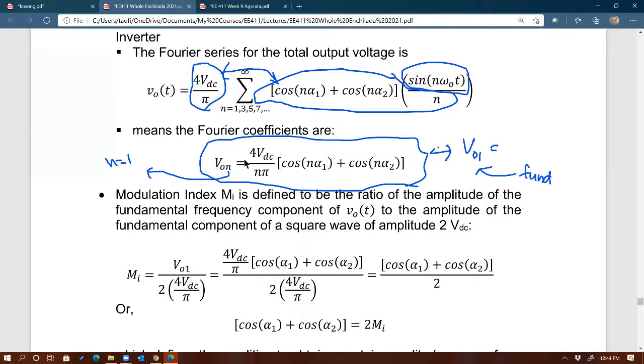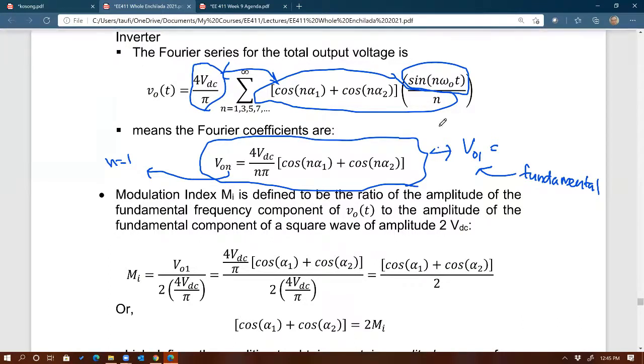And we can use this equation as one of the criteria for designing the inverter. So that's a criterion that we can target when designing an inverter: I want the RMS of the fundamental component to be such and such a value.